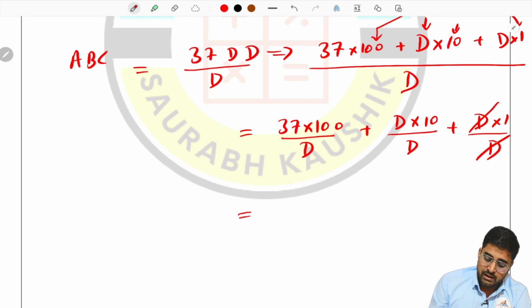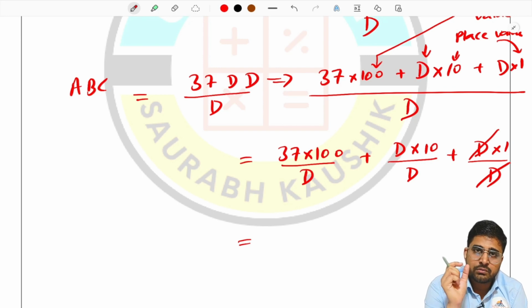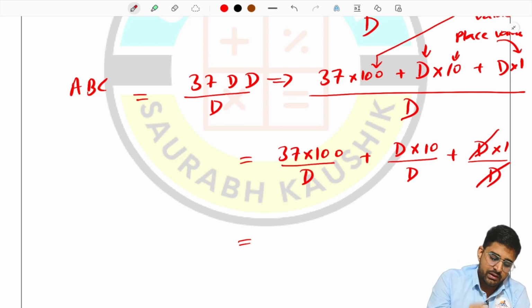Because it shows that whatever the number is at the unit side, that is divisible by D. If D is in the denominator, it will cancel the numerator also. When we get a number which is purely divisible by D, then only we get a 3-digit number.